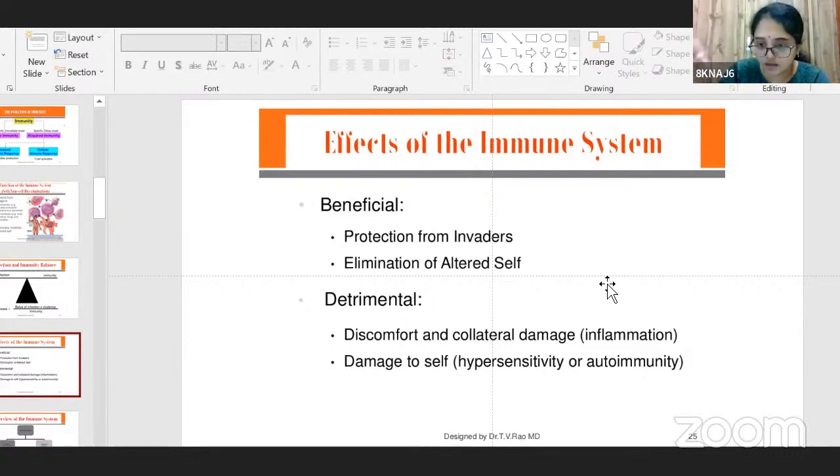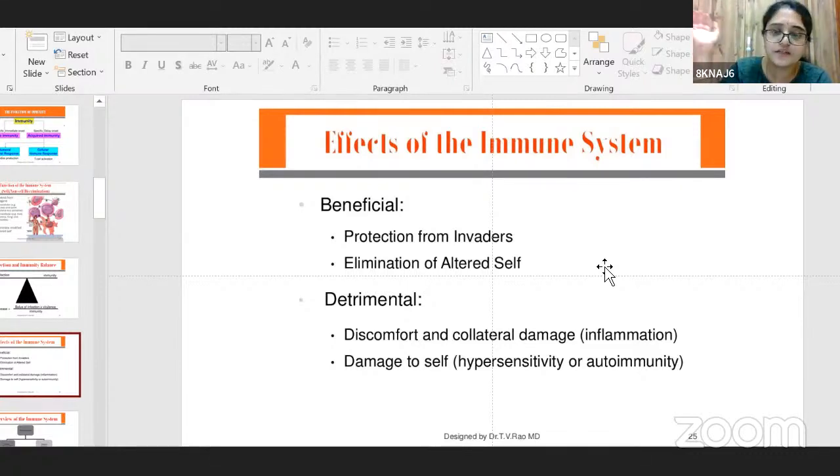The cells in our body tell that they are not exactly our self cells. So they see that it is something different from what is normal. That is when the immune system comes into action, and that non-self or the tumor cells for that matter, or the cancer cells, in the beginning, they are tried to be eliminated out of the system.